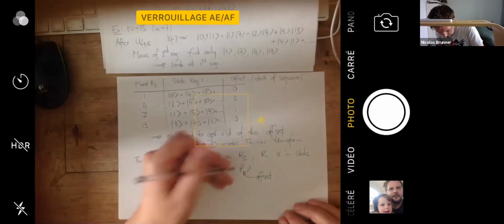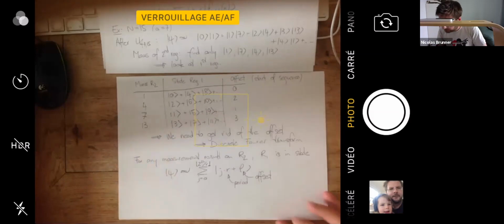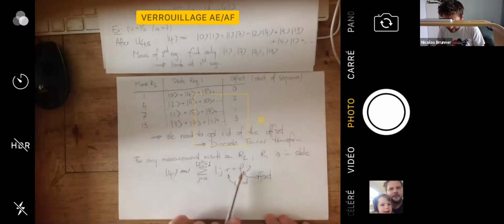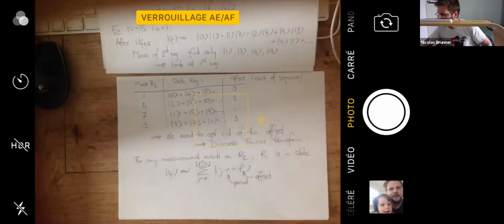All right, so R is the period. And so now to get rid of this offset, we will use this discrete Fourier transform.